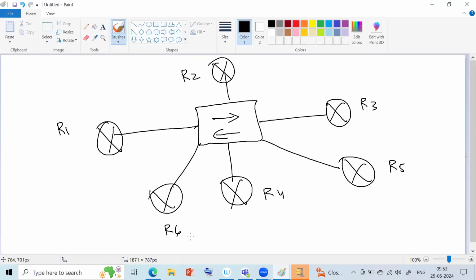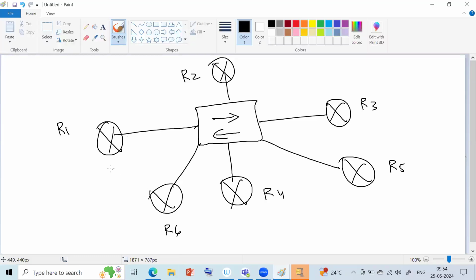Right? Now, let's assume R1 is the designated router. I'll tell you how it is selected and all that. I'll first tell you R1 is the designated router.